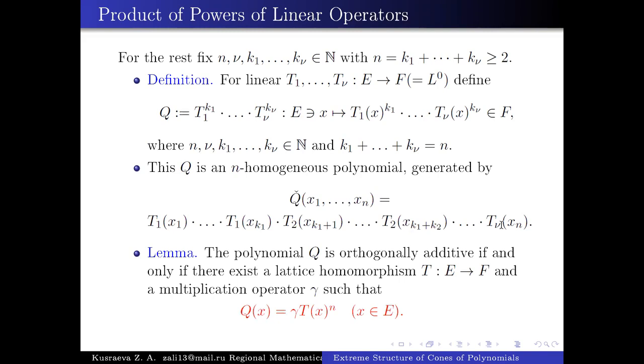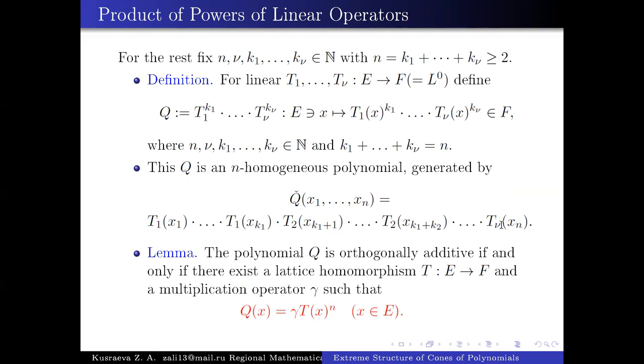More precisely, the polynomial Q is orthogonally additive if and only if Q can be represented as the power of a lattice homomorphism multiplied by some multilinear multiplicator gamma.